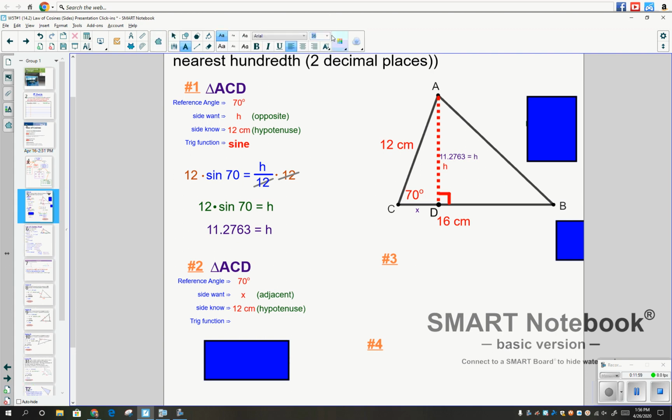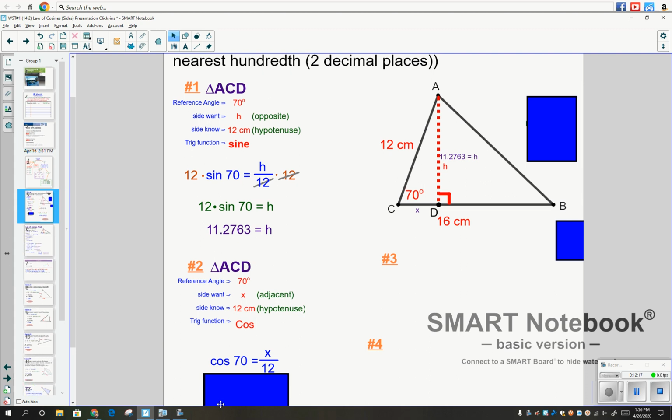Yeah, cosine does. So I'm going to use cosine. I'm going to write my equation. Cosine of 70, cosine of the reference angle, equals x over 12, adjacent over hypotenuse.